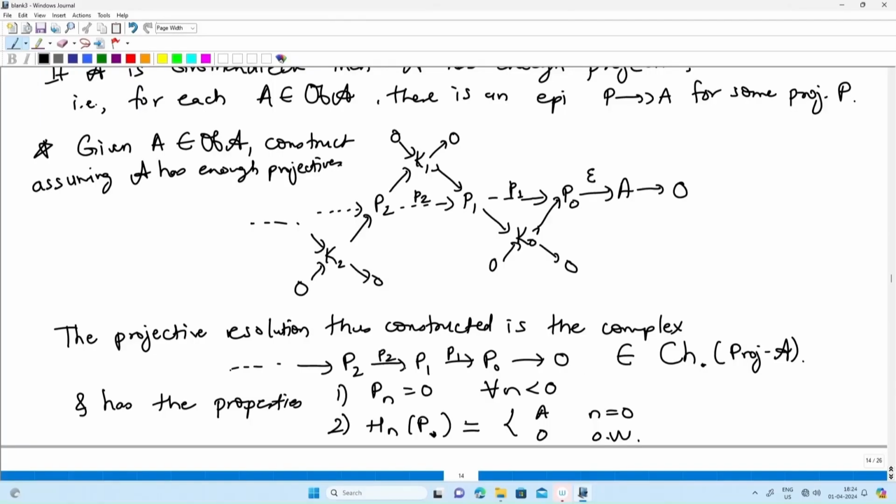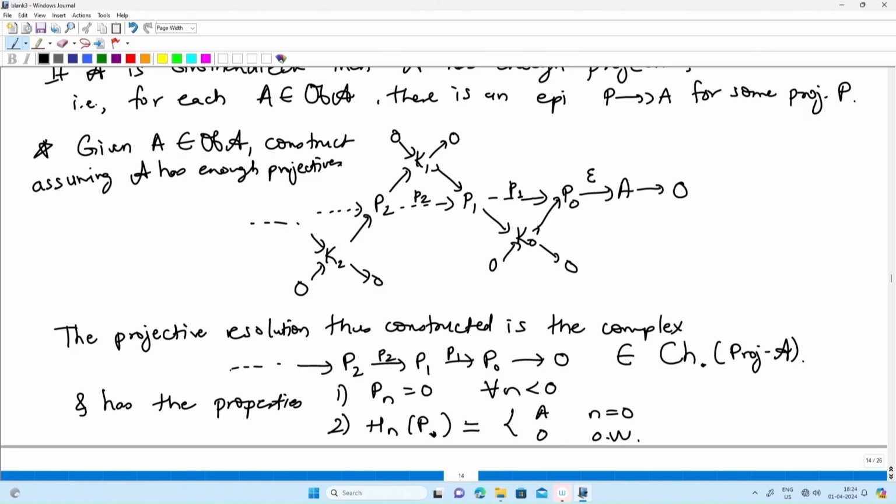It is everything, P0. And the image of the previous map is precisely K0. So P0 modulo K0 is isomorphic to A, because this is an exact sequence: 0, K0, P0, A, 0. And at any other location, if you compute the homology object, it turns out to be 0, because we are just defining it to be that.